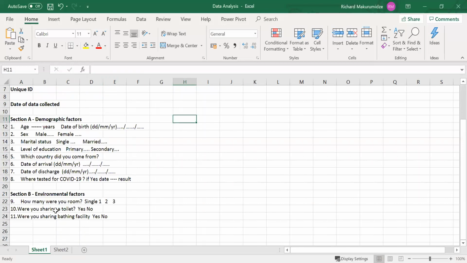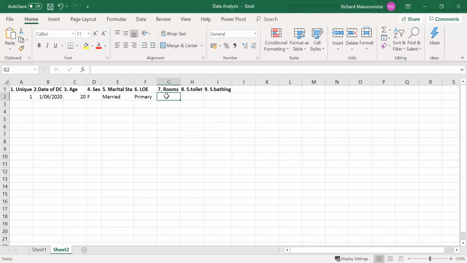The question is how many were you in a room? Maybe there were 5 in a room. Then sharing toilets, yes. Sharing of bathing, no. That's the first questionnaire.